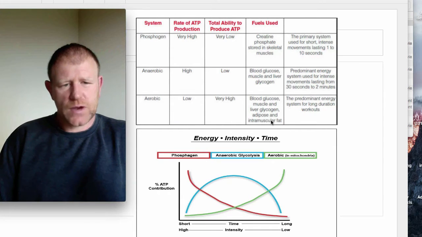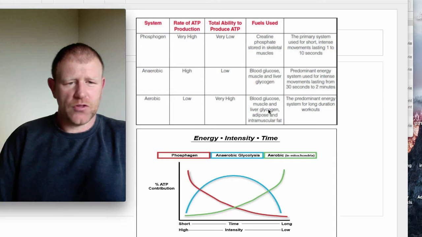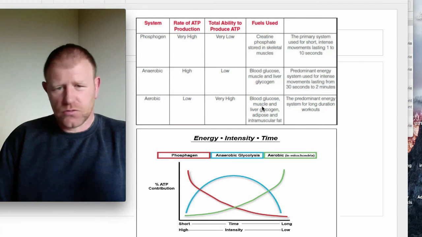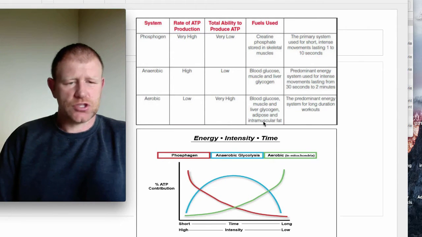So this is where the energy comes from. Now, we know that we can only store an hour and a half to 2 hours' worth of sugar. But we can store days and days, if not weeks, of adipose fat. Even the leanest person can have 60,000 calories of stored energy in their fat.